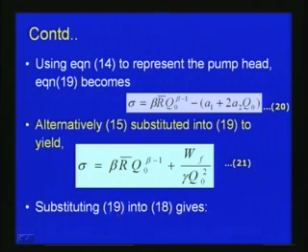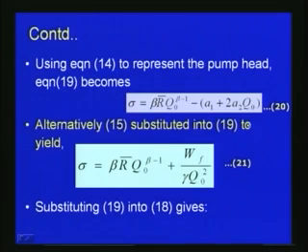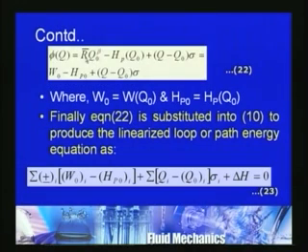So, finally, if we substitute 19, that is this equation for sigma, into 18, we get phi q is equal to r bar q 0 to the power beta minus h p into q 0 plus q minus q 0 sigma, which is w 0 minus h p 0 plus q minus q 0 into sigma, as in equation number 22.